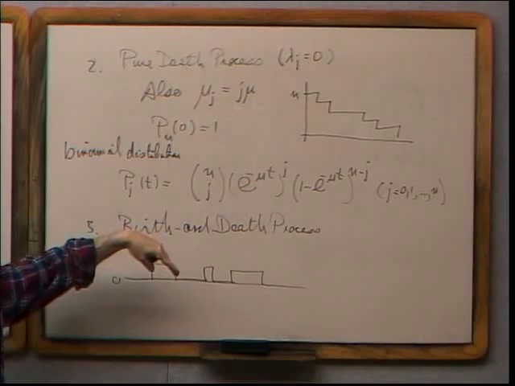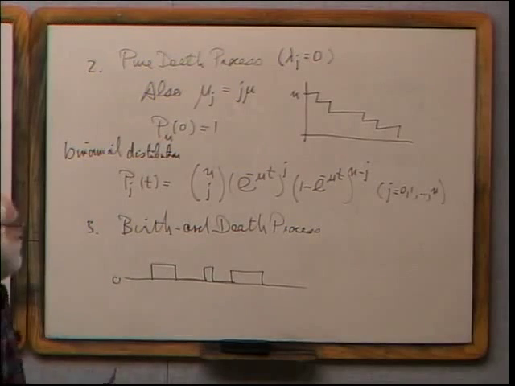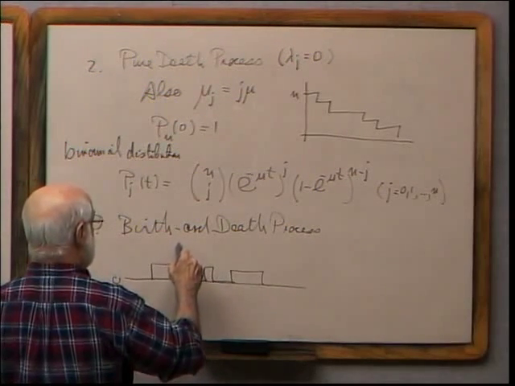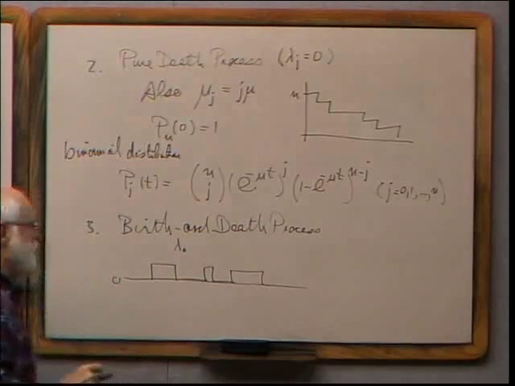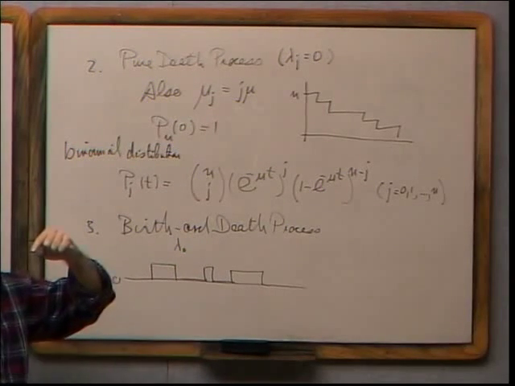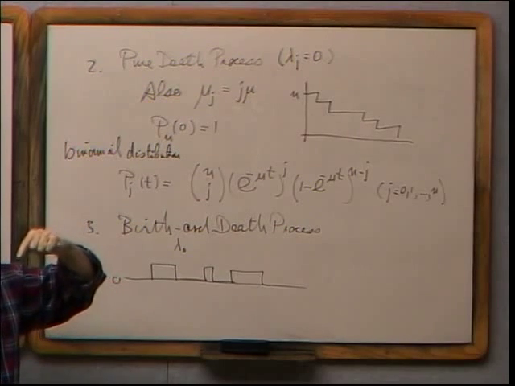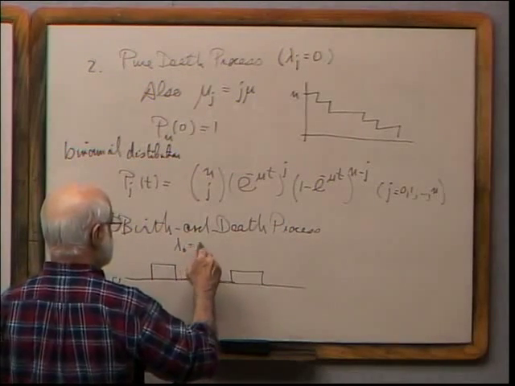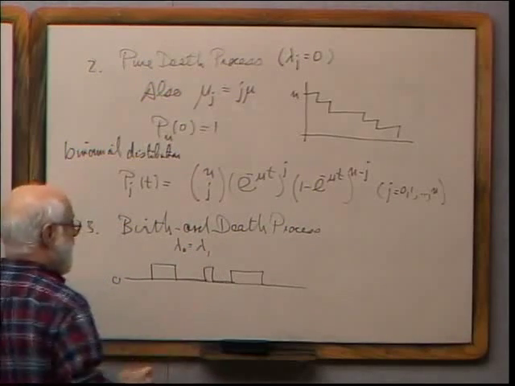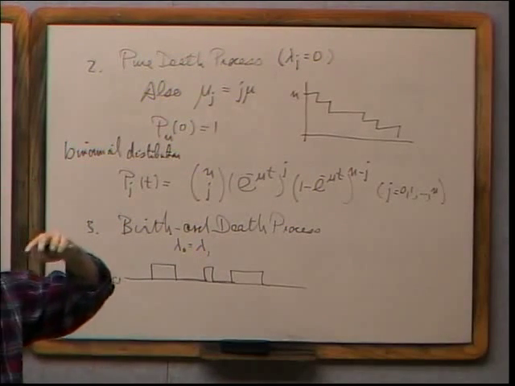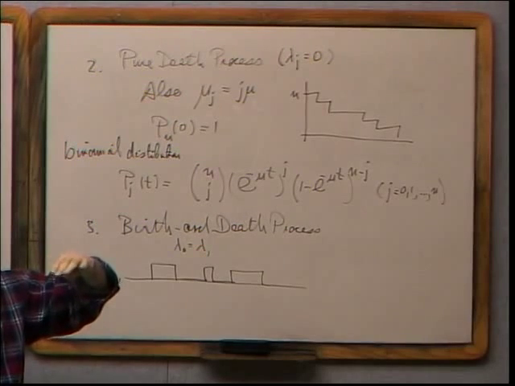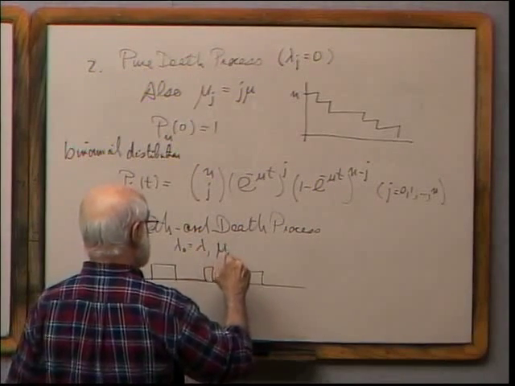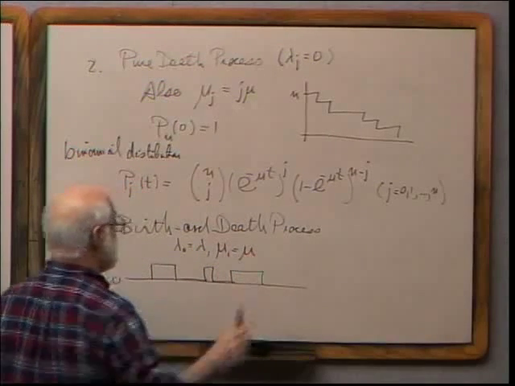So what I'm going to do is assume that lambda sub 0, which is the coefficient that corresponds to a birth, a step up when I'm in state 0, I'll call that lambda. And mu sub 1, which corresponds to the coefficient that describes a death when I'm in state 1, I'll call that mu. And all the other lambdas and mus are 0.